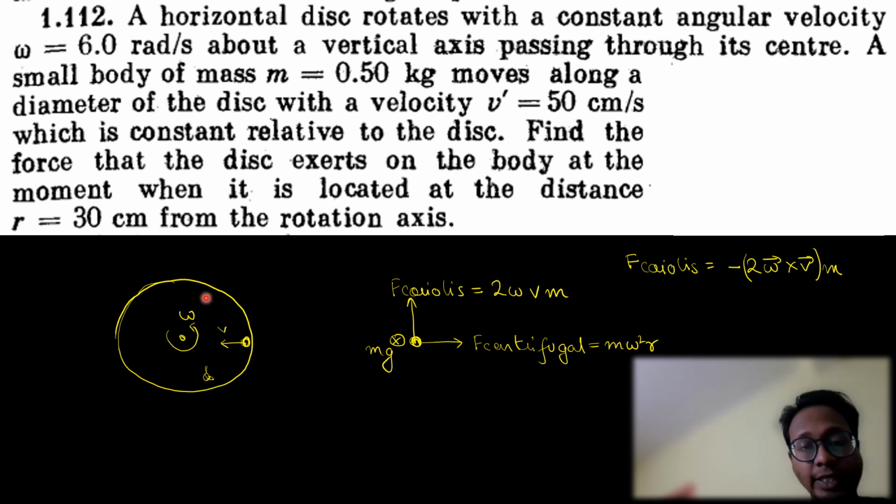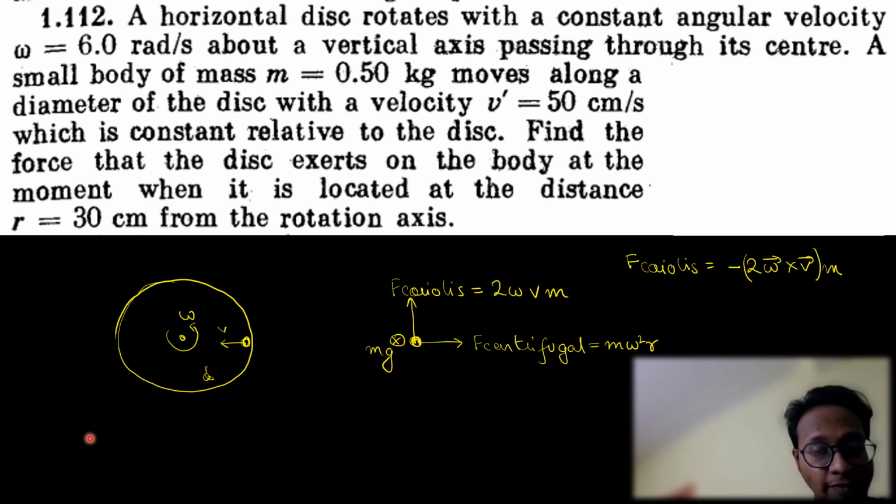So the question is asking what is the total force exerted by this plate on this particle. The total force exerted by this plate on this particle is nothing but the combination of these three forces: centrifugal, Coriolis and gravity. These three forces are being balanced by the normal force or contact force, not only normal force, normal plus friction, or contact force by the disk.